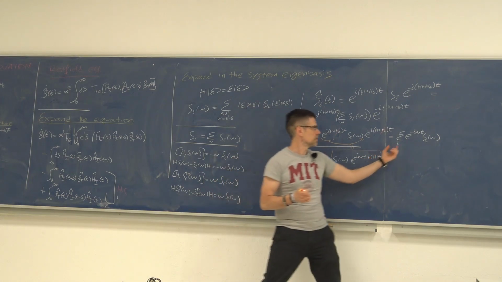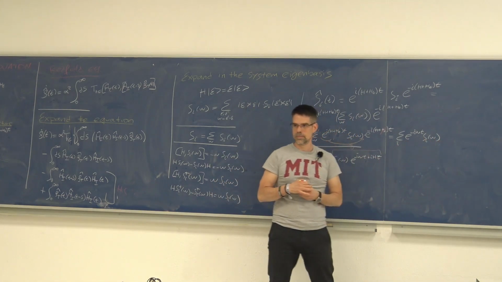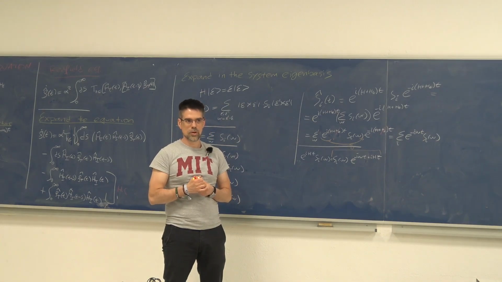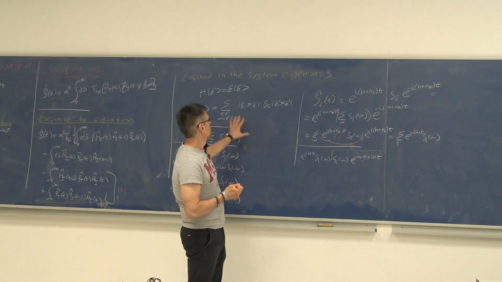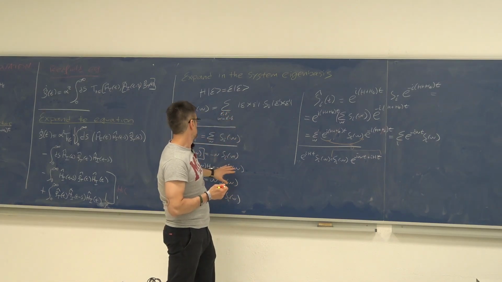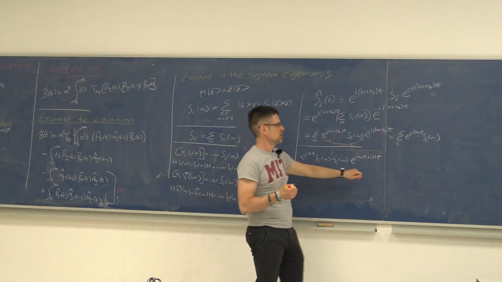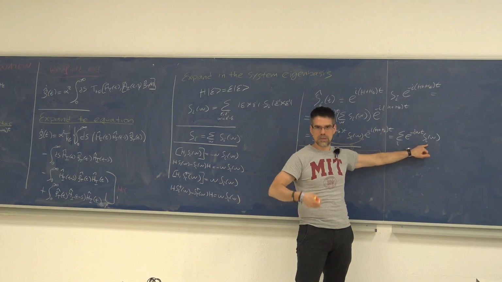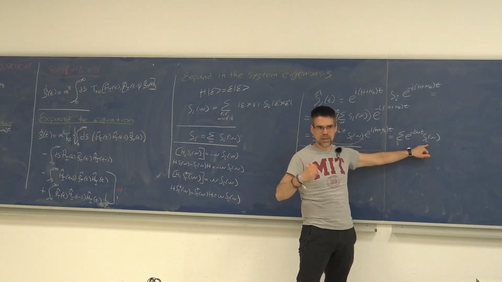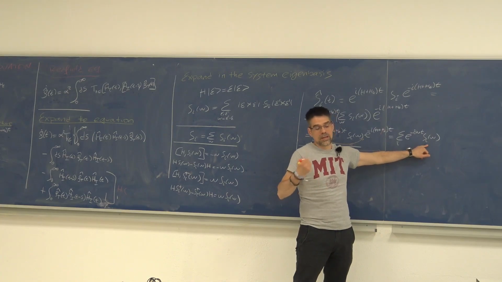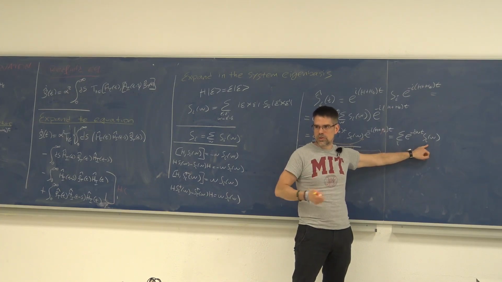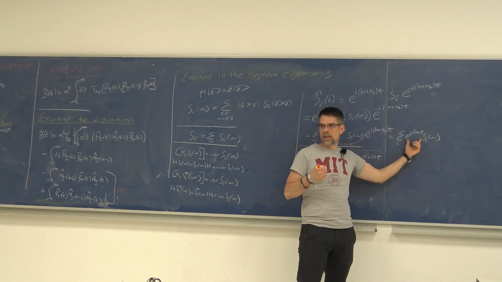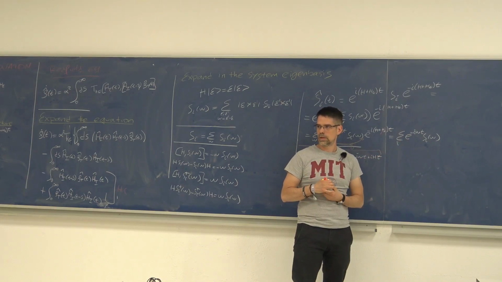It doesn't matter if I write it here or here. So what this trick allows us is to change back. Remember, they don't have a hat anymore. This is why it's now important to write the hats explicitly and not forget them, because we are explicitly changing back to the Schrödinger picture only for these operators, and you get the time dependency in a very nice way that you can work with.